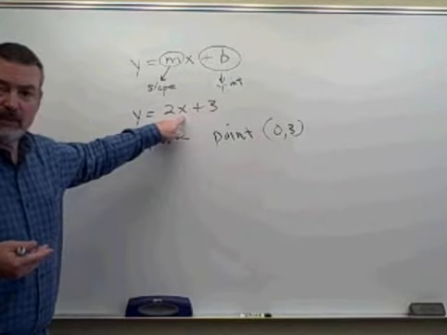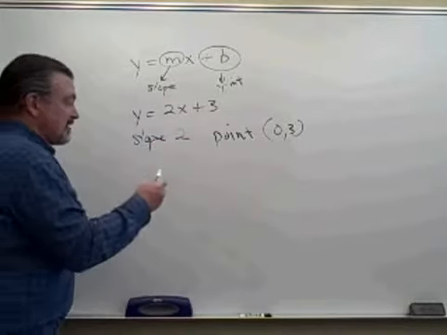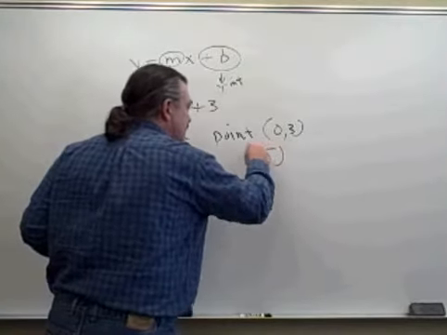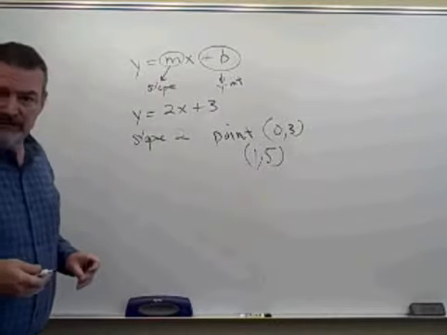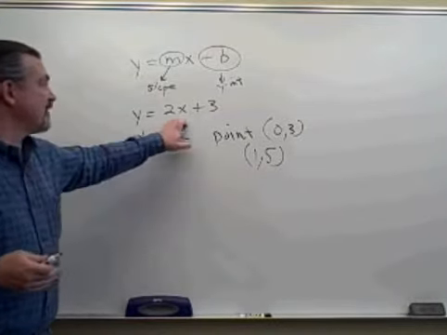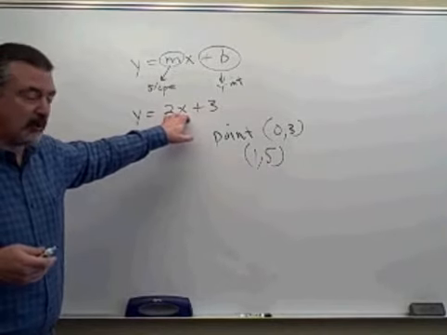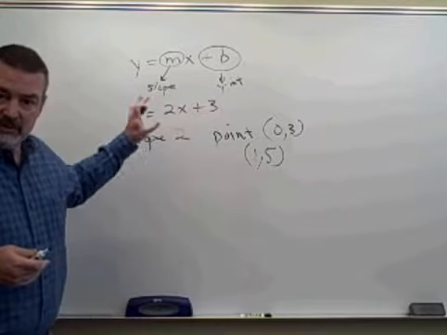So if I let x be 1, 2 times 1 is 2, 2 plus 3 is 5. So if x is 1, the related y value is 5, and that gives us another point that would be on our line. If we let x be negative 2, 2 times negative 2 is negative 4. Negative 4 plus 3 is 1.